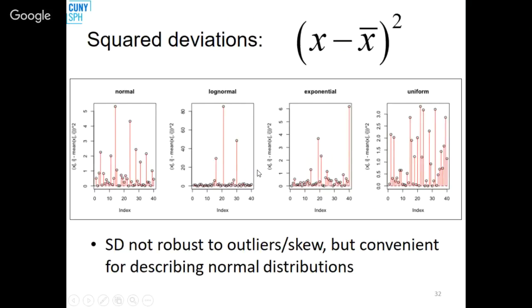So the variance and the standard deviation are even less resistant than the mean is. The mean is somewhat susceptible to outliers and to skew, but then the variance is even more susceptible because you're squaring these deviations and making any outlier a squared outlier.